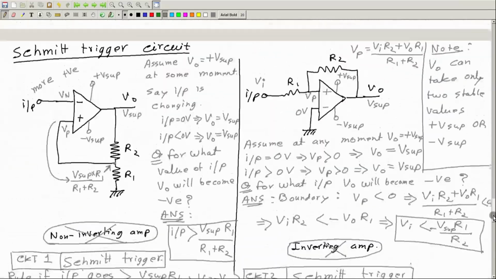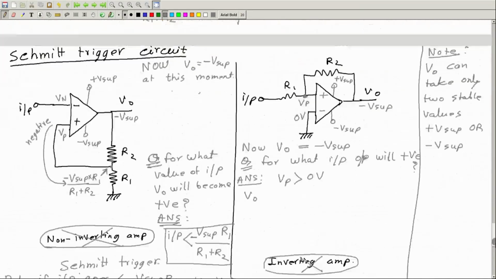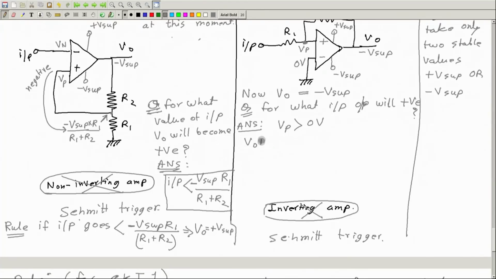We have it here. So, let us put that value: (V O R 1 plus V I R 2) divided by R 1 plus R 2, this has to be greater than 0. Which means this has to be greater than 0.